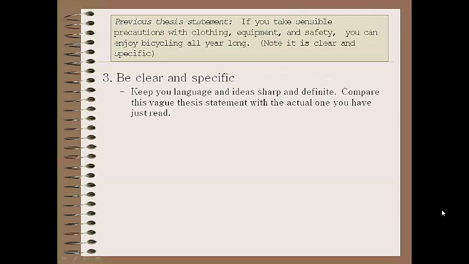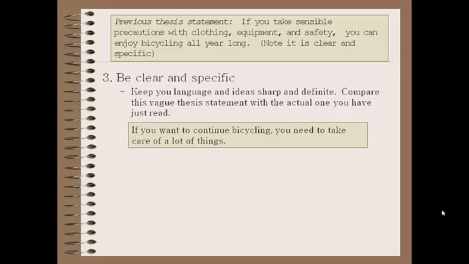The third suggestion is to be very clear and specific. You need to keep your language and ideas sharp and definite. Okay, we're going to compare the vague thesis statement that I'm going to pop up there in a minute with the actual one that we've just read. And I put it up on the top so that we can remember what we just read.